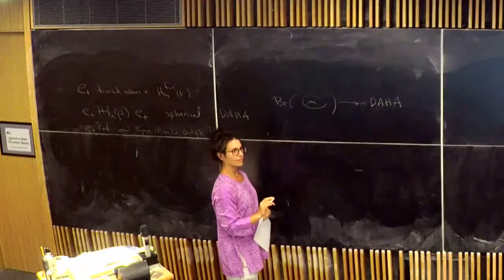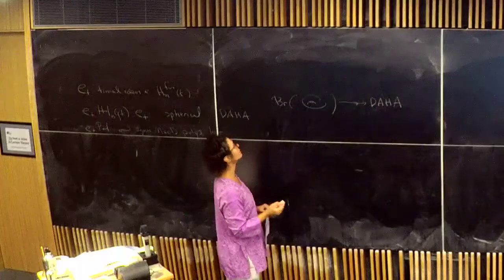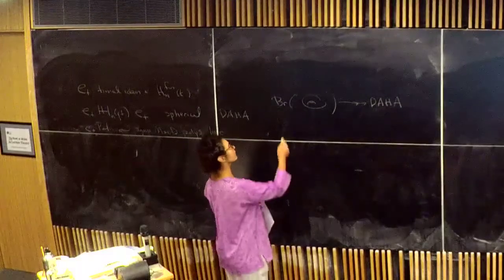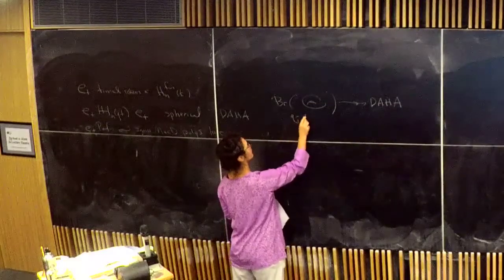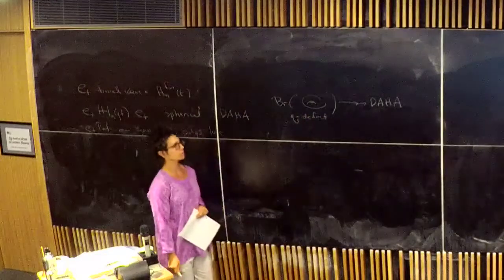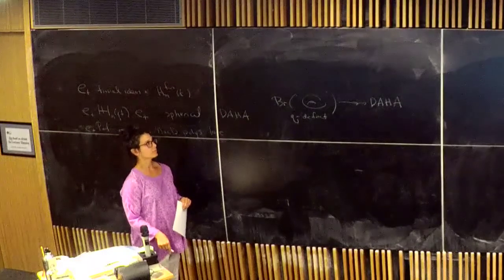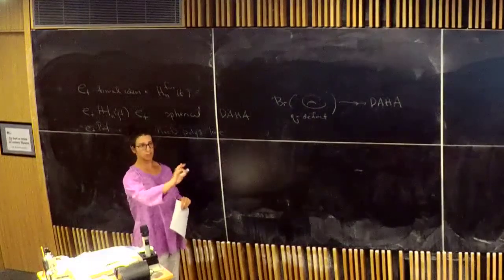Like a deformation of the braid group of the torus, a q-deformation. Yes, you have to do some kind of q defect, tweaking it, to get it to work. Whereas for just the affine Hecke algebra on the cylinder, it looks great.